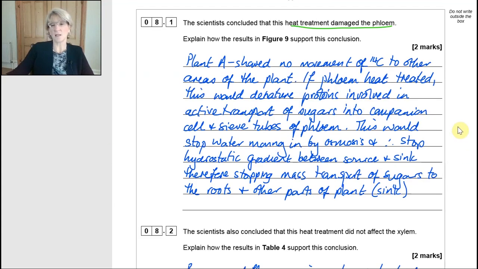I didn't get any marks from that because I didn't compare it to the control. I think the lesson here is when you see this word explain, talk about the biology behind the results as well as explaining how the results support the conclusion.